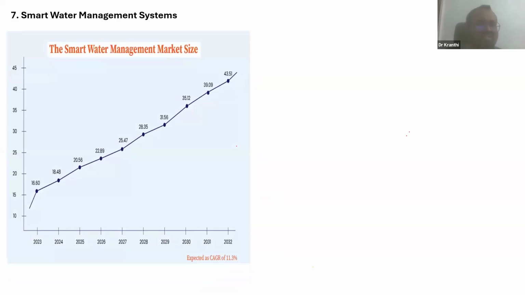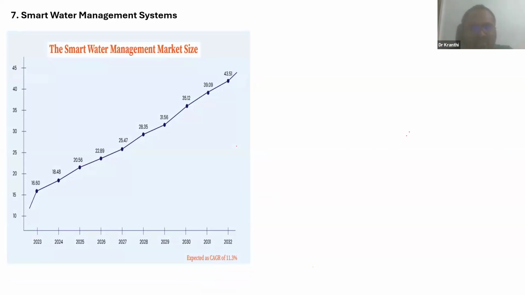The next application is smart water management market size. It is a sample we extracted from Swagger. Here we talk about in what way we adopted IoT and AI systems for smart water management. This is a sample picture. It illustrates the projected growth of the smart water management market from 2023 to 2032.